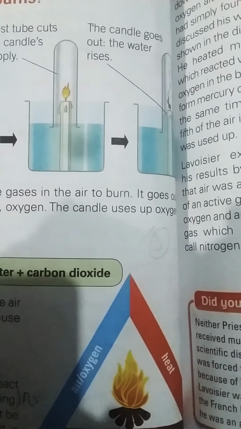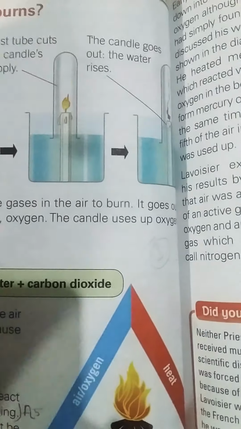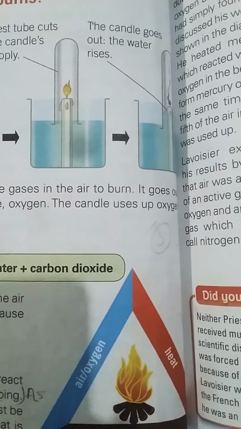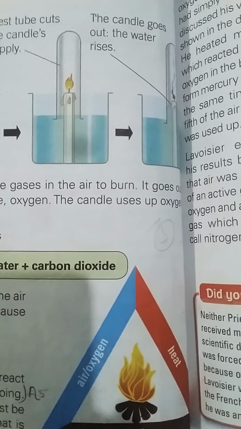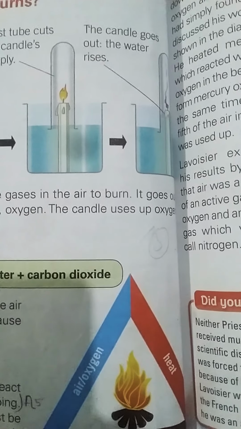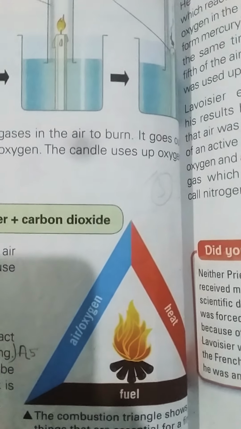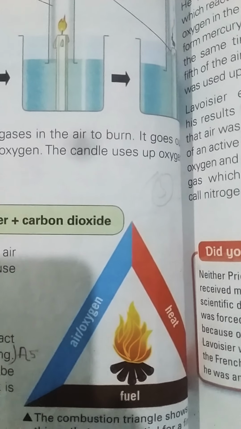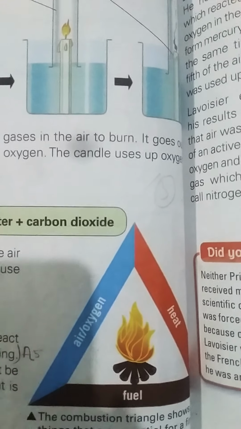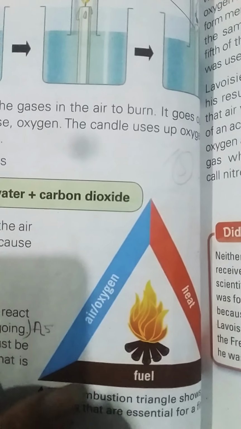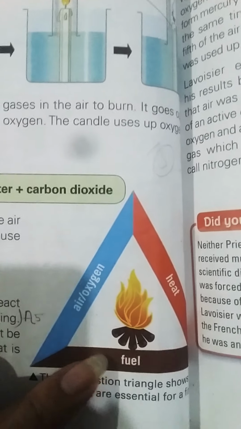And if we have to put out a fire, we have to remove at least one of these things. The best method to use in the combustion triangle will depend upon the burning and the area of the burning. For example, I can remove the fuel.